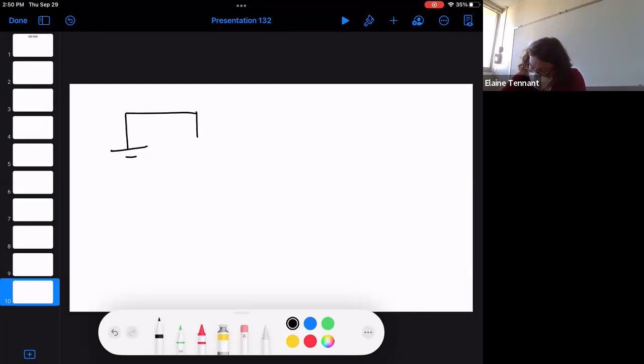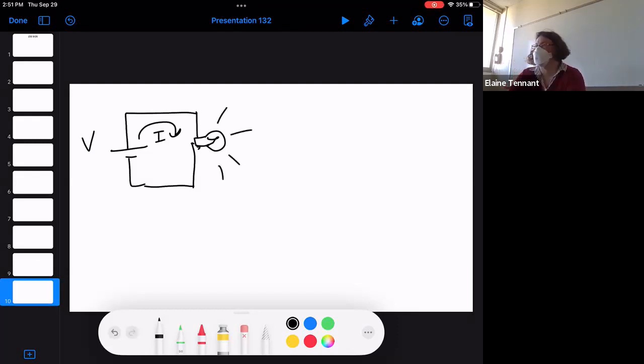But even more than that, let's say I have my light bulb right here, like this. I have current going through here, like that. And this light bulb is giving off light. So the power that this battery is putting into the circuit, and not only power, but it's putting in energy per unit time.